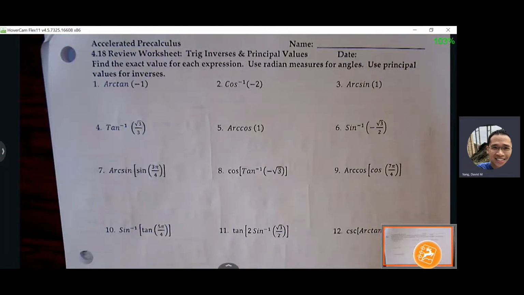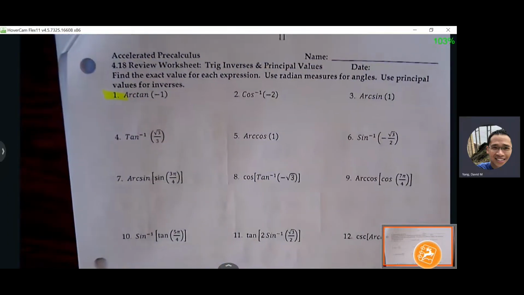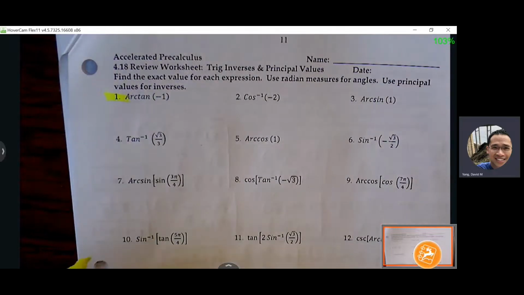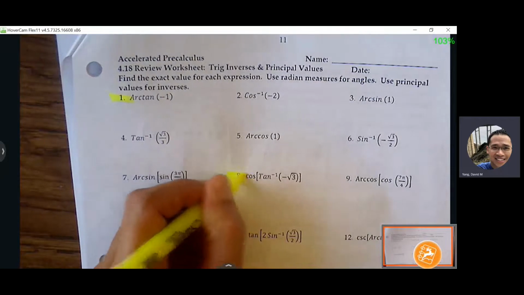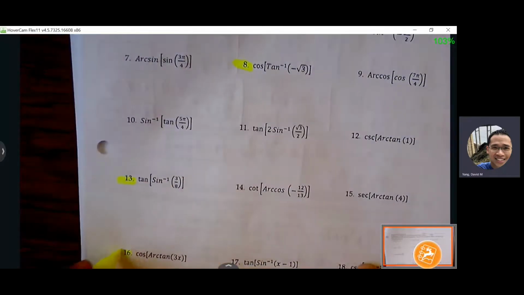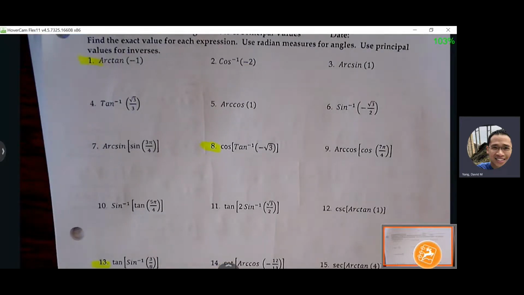Let me do maybe 4 or 5 problems with you, and then have you guys finish off the rest. So I'll do number 1 with you, number 8 with you, and I'll do number 13 and 16, okay? That way you will see all the different varieties, so I can refresh your memory with all the steps.